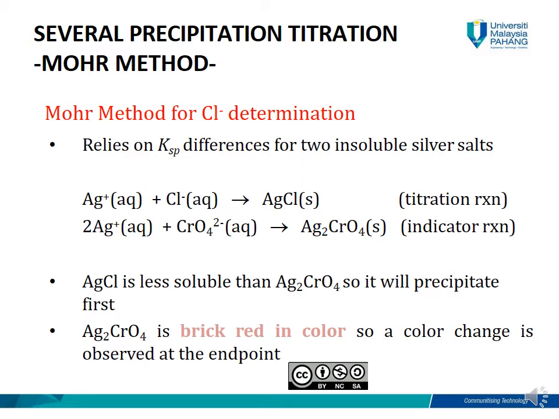In our previous chapter, you already learned the definition of back titration, and in this part, you will learn about its application. Here we can see that silver chloride is less soluble than silver chromate, so it will precipitate first. And silver chromate is brick red in color, so it will give you a color change at the endpoint.